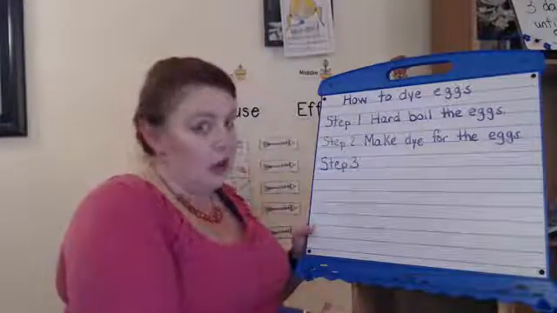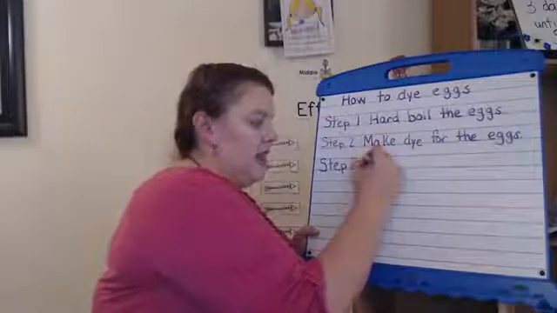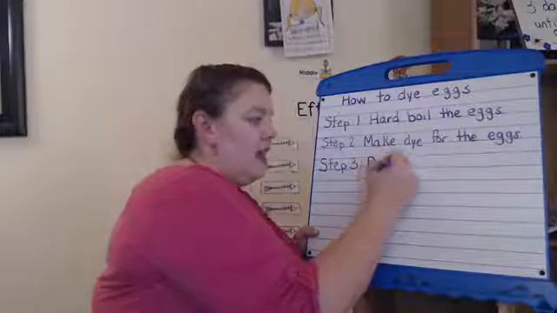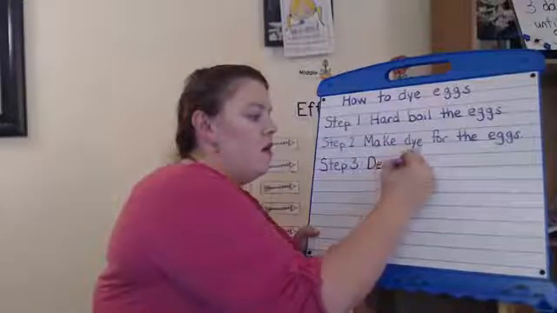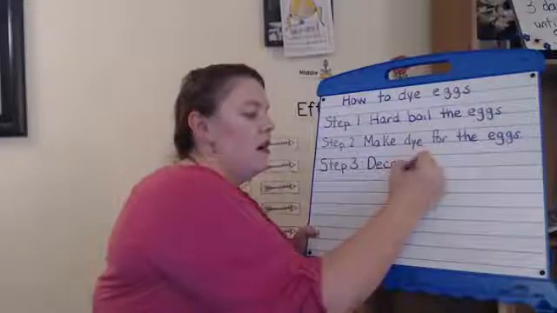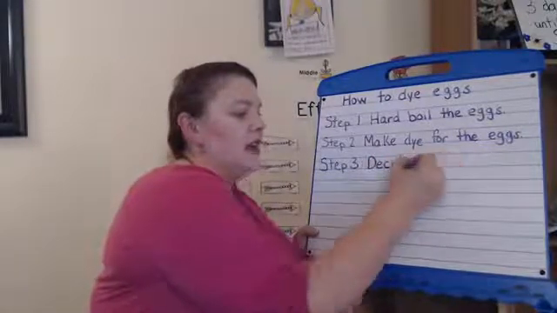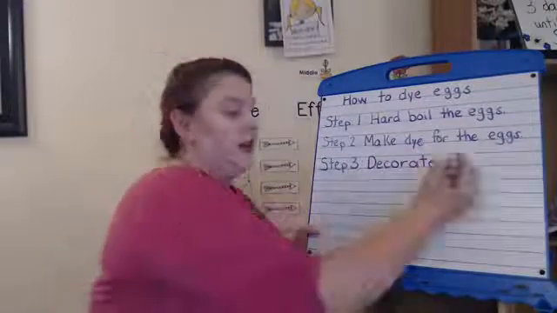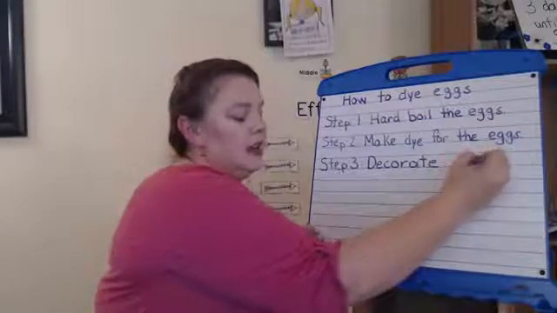This is going to be our longest sentence that we're going to write. So we're going to say decorate, D-E-C-O-R-A-T-E. Decorate, the, this is a sight word you should know, T-H-E.